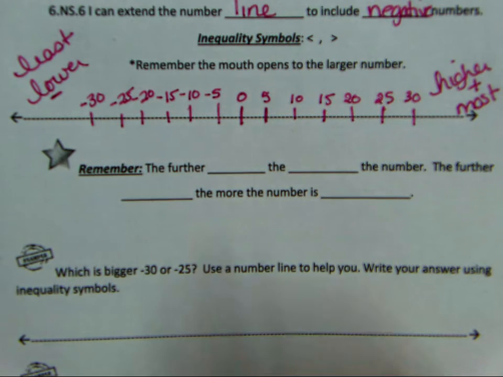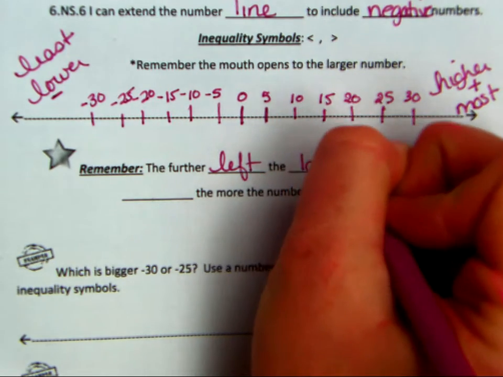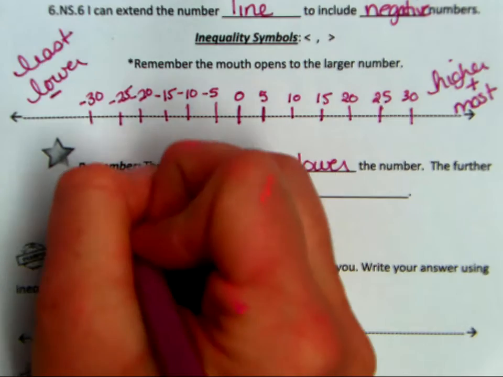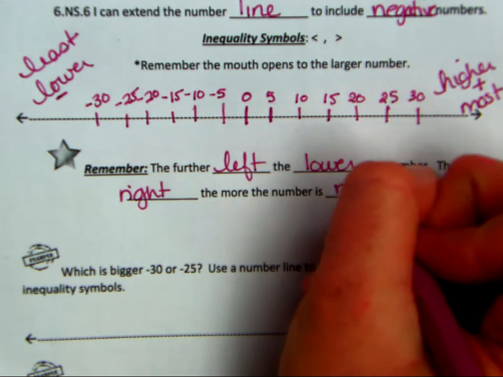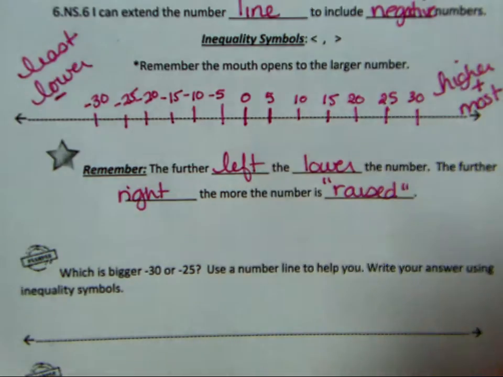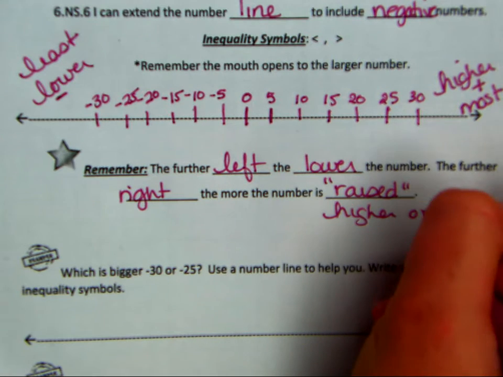So remember, the further left, the lower the number. The further right, the more the number is raised, which is just another way of saying the number is higher or bigger.